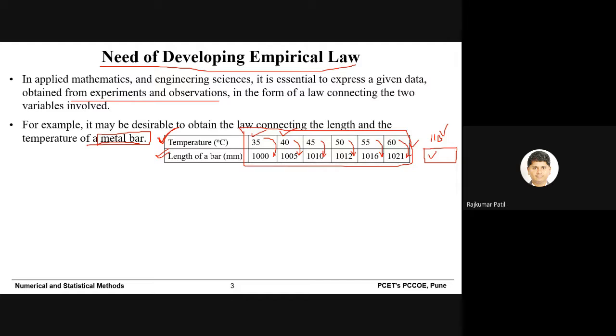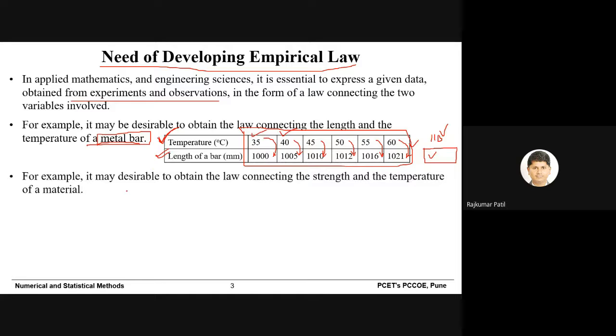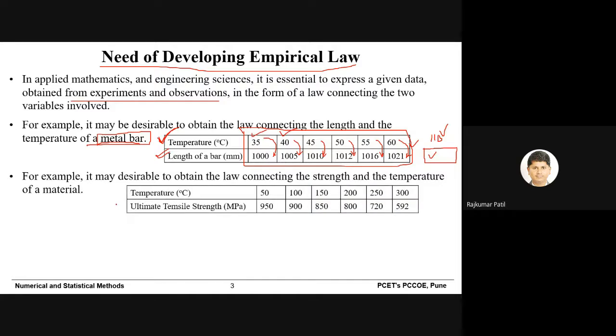So there are many such applications where you need to use this type of theory. We will take another example. We know that if the temperature of a material changes, its strength also decreases. You may be aware of one of the well-known stories, that of the Titanic ship.